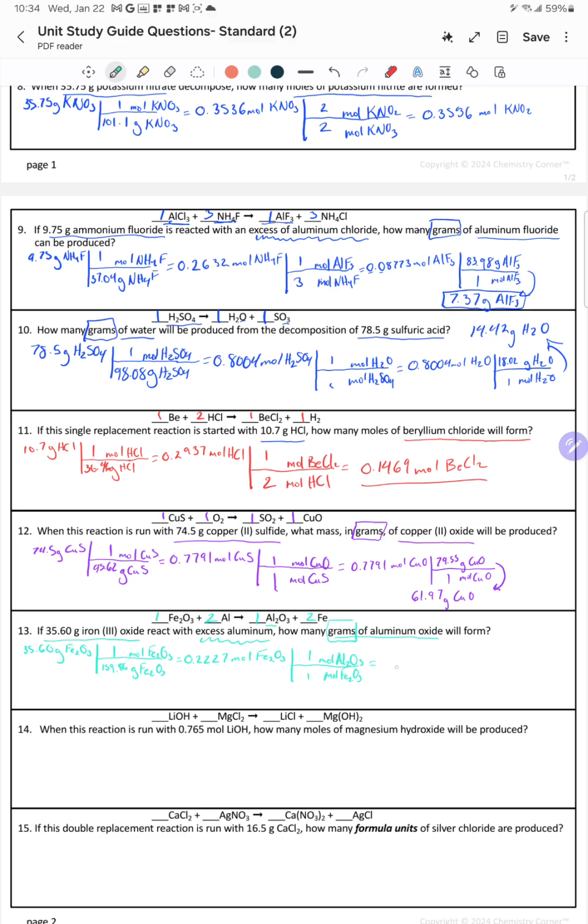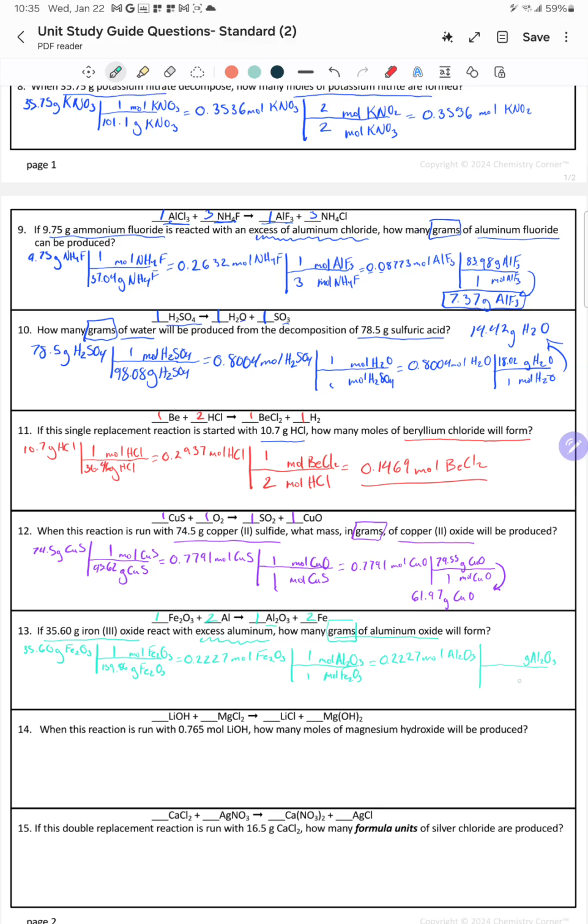That means I end up with the exact same mole value, 0.2227 moles of aluminum oxide. So now I have to go from moles of aluminum oxide to grams of aluminum oxide.